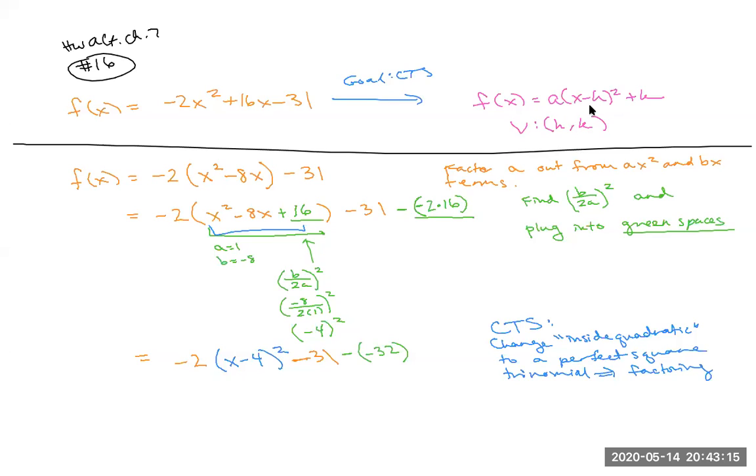Okay, so now next step is just to simplify. We have -2 times x minus 4, the quantity squared, -31 plus 32. That's -2 times x minus 4 squared plus 1.